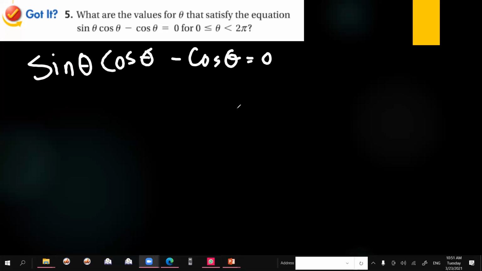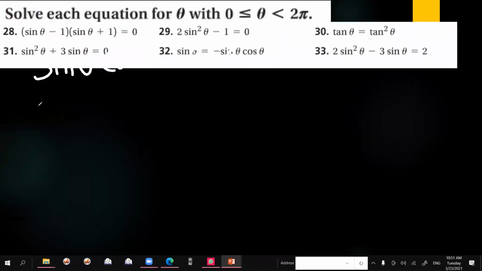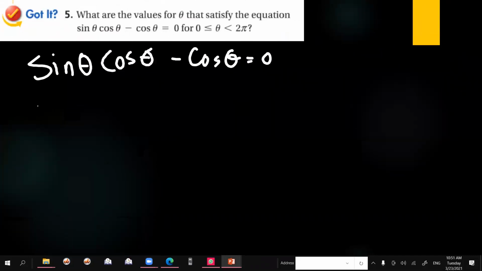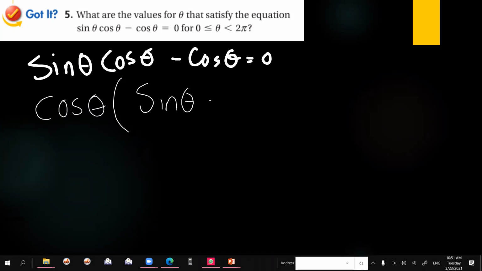Then, as we did in problem 5, let's take cosine as a common factor. So we have cosine of theta times sine of theta minus 1 equals 0.